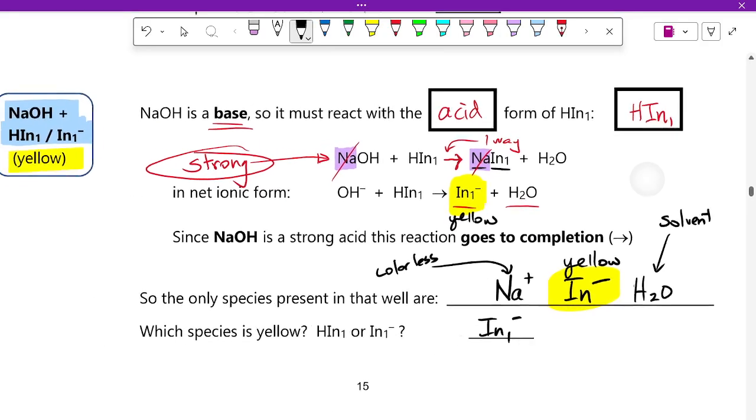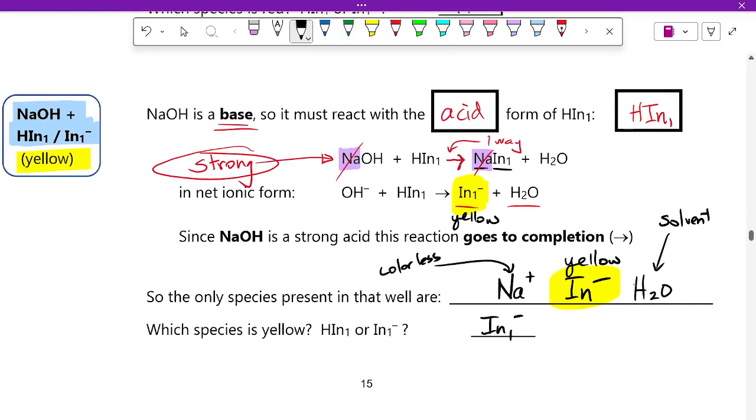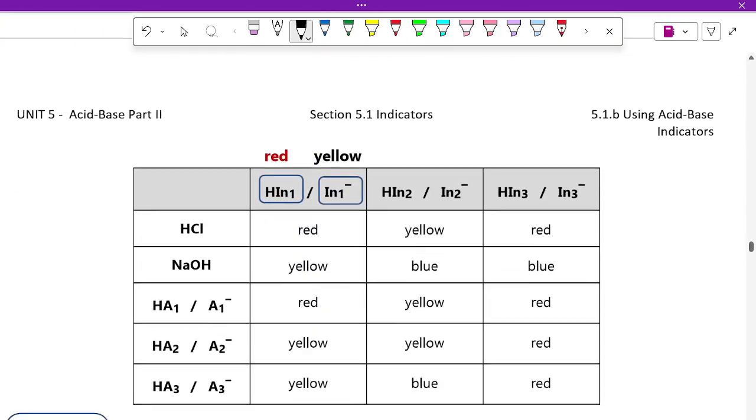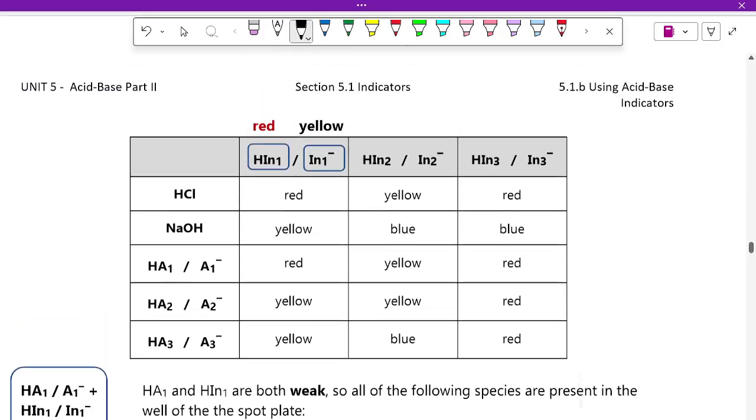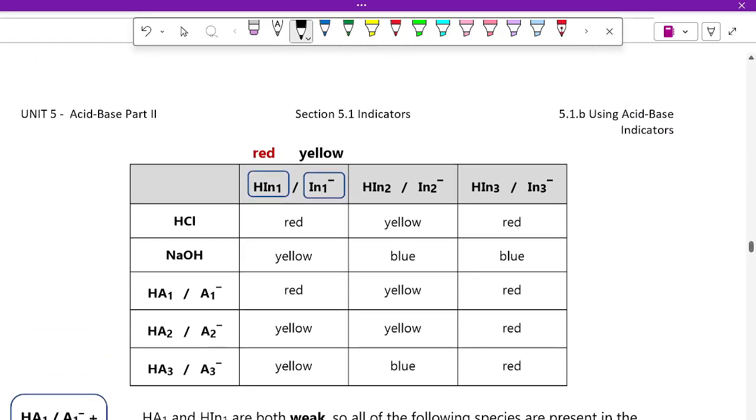Now that we know that, we can go into looking here. I'm going to make this red. I'm going to make this yellow.